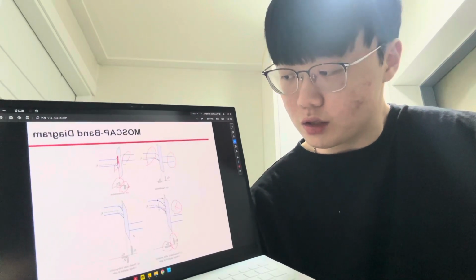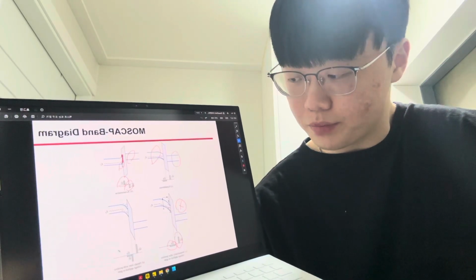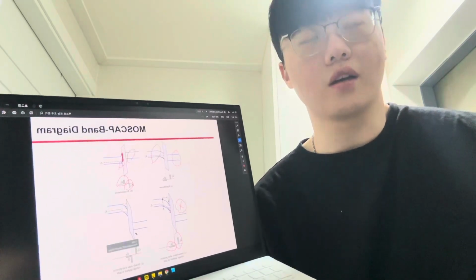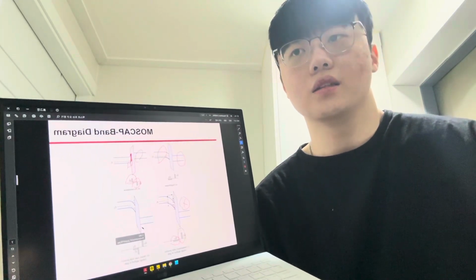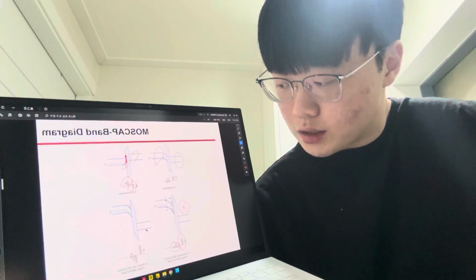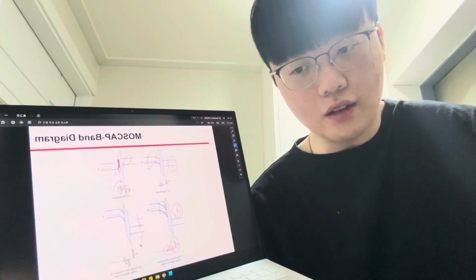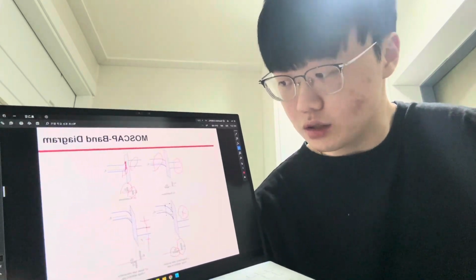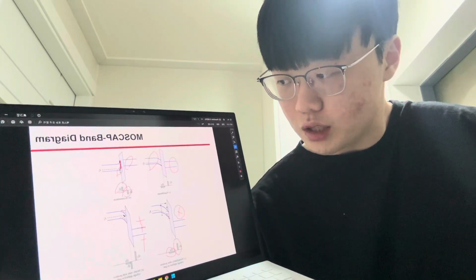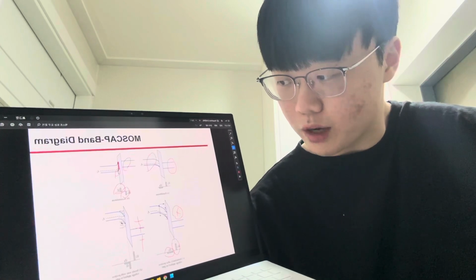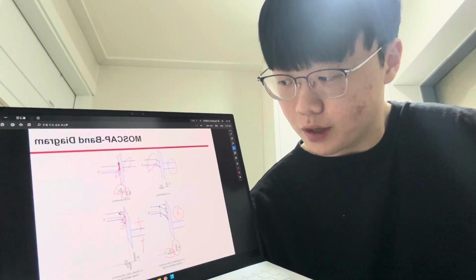And this last situation is also a negative, also a reverse bias, and it is much more positive than the last situation, so the electrons here seem to gather around more than before.